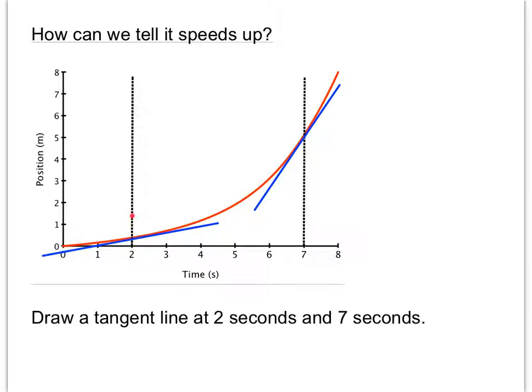So I'm going to cut through the graph at 2 and draw this blue tangent line where 2 seconds happens, and I'm also going to draw another tangent line in blue where 7 seconds happens. And I want you to take note of what those lines look like in comparison to one another.